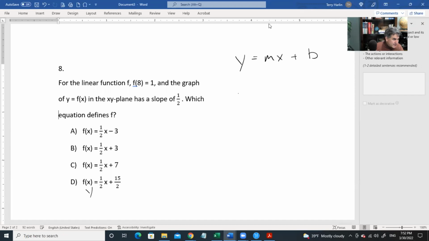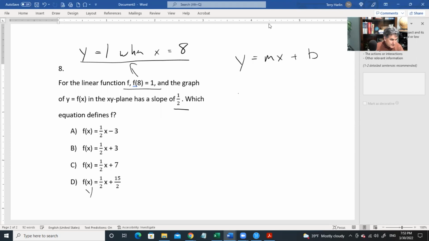So for the linear function f of 8 equals 1, this basically means that f of x, or y, equals 1 when x equals 8. That's all this means. So we've got the same slope for all of these, which is 1/2.